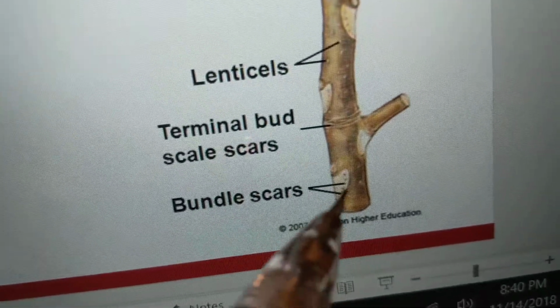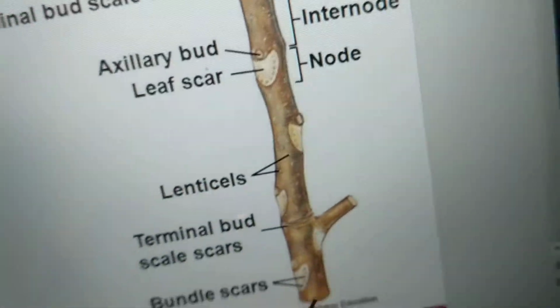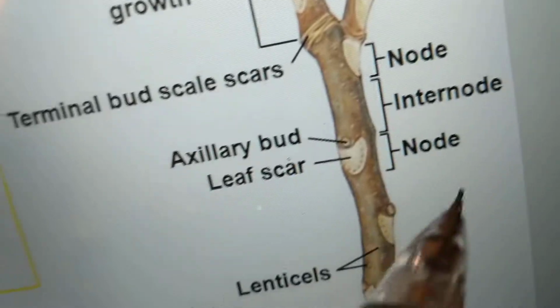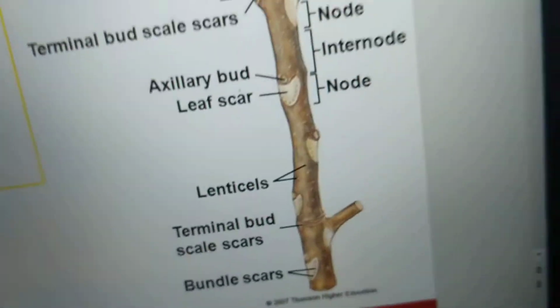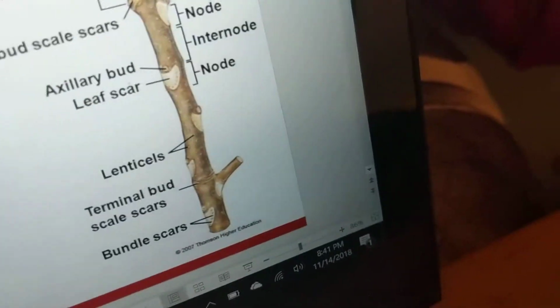Alright, bundle scars. I'm guessing that's where it lost a leaf. No, that would be the leaf scar, never mind. Bundle scars, I'm guessing that's where the plant was cut or something like that.